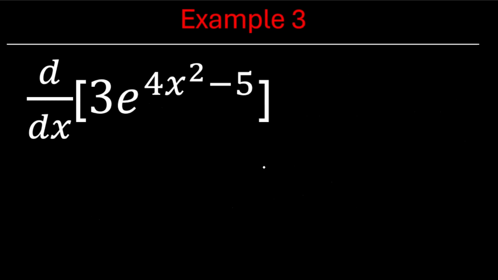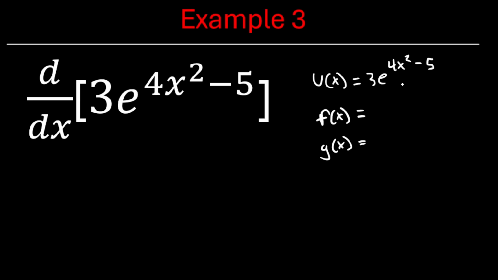Okay, let's take a look at one last example here. d dx of 3e to the 4x squared minus 5, sorry. So that will be our u of x here. Just copy down that equation. And then again, f of x is our outer, g of x is our inner.